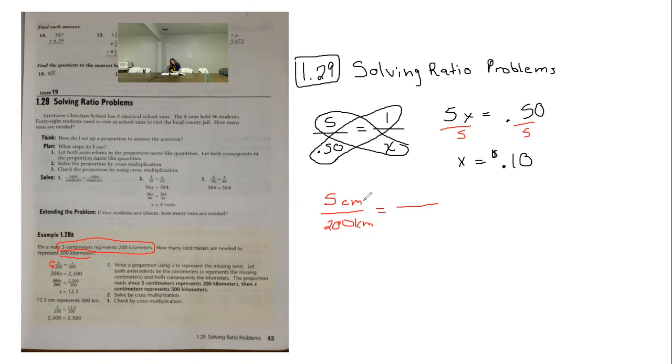I'm not going to put the kilometers across from the centimeters. So that can help you figure out where to put that last piece. So that's how I knew to put 500 on the bottom, because it matches up kilometers with kilometers. And we are looking for centimeters, because it says how many centimeters, so I know that's the question mark.